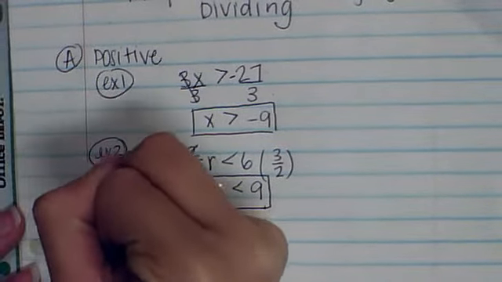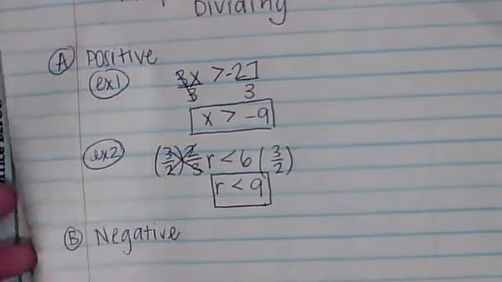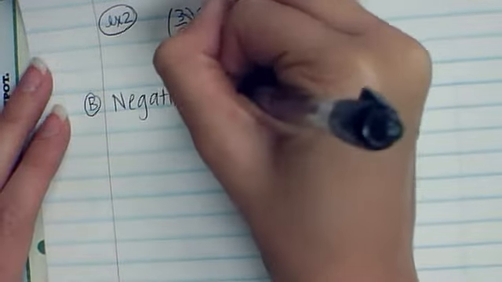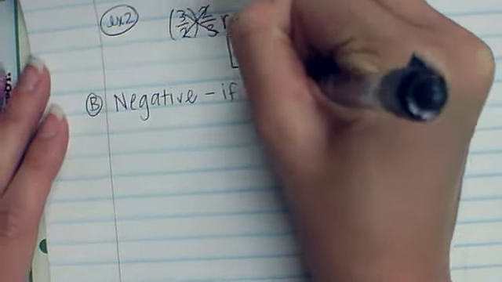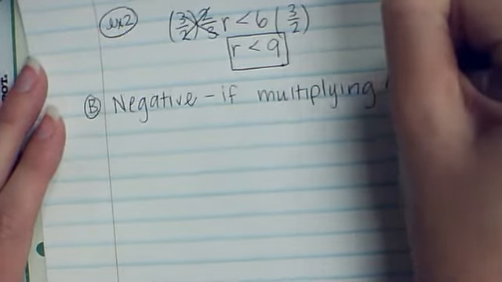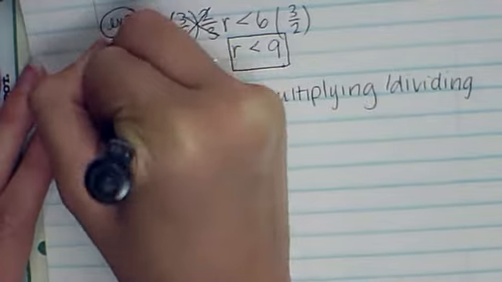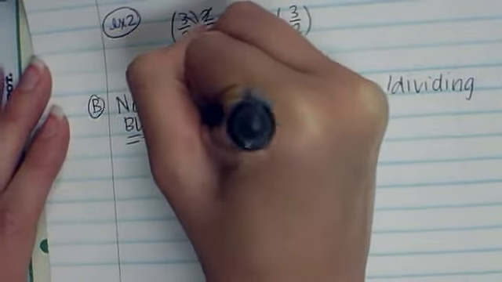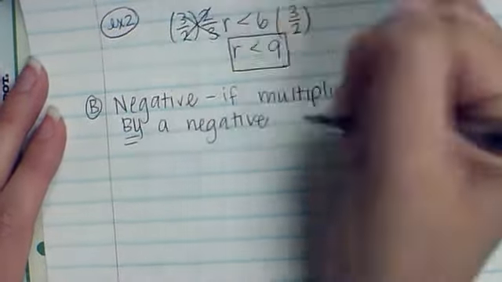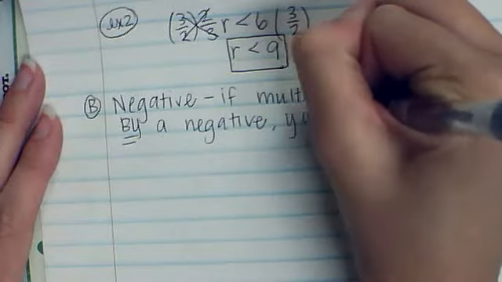Okay, part B for today. Let's look at what we would do if we were multiplying or dividing by a negative. So this is the negative step. The important thing here is if you are multiplying or dividing by a negative, you flip your sign.